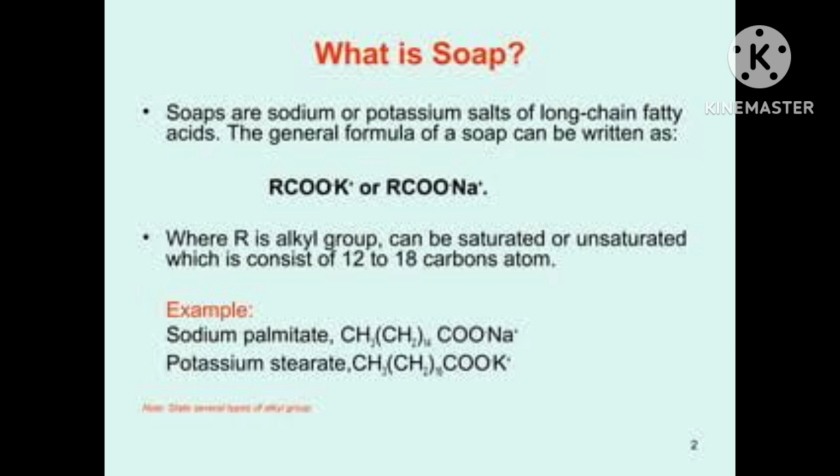These are the main reasons for permanent hardness of water. Unlike temporary hardness, permanent hardness cannot be removed by boiling.